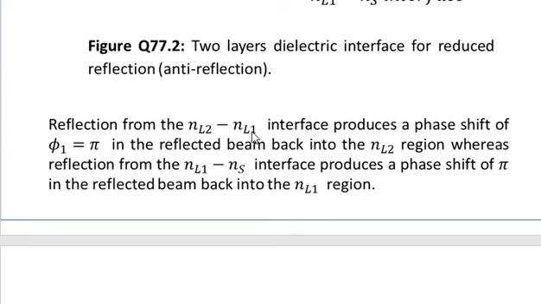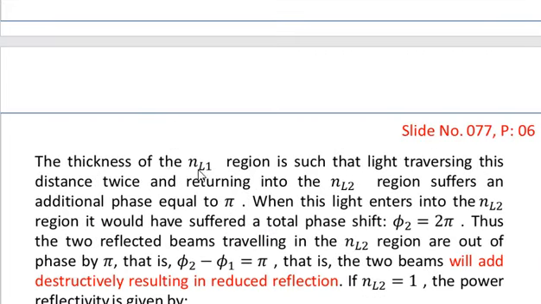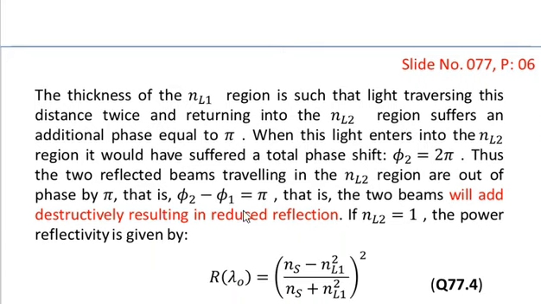Reflection from the NL2 to NL1 interface produces a phase shift of phi 1 equal to pi in the reflected beam back into the NL2 region, whereas the reflection from the NL1 and NS interface produces a phase shift of pi in the reflected beam back into the NL region. The thickness of the NL region is such that the light traversing this distance twice and returning into the NL2 region suffers an additional phase equal to pi.